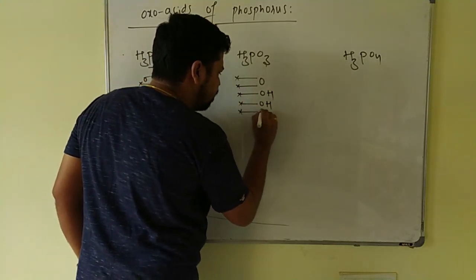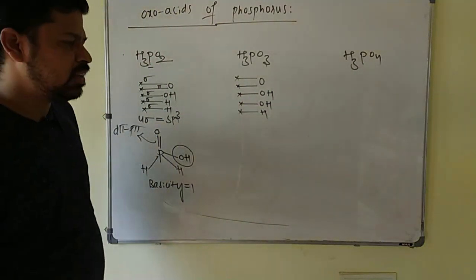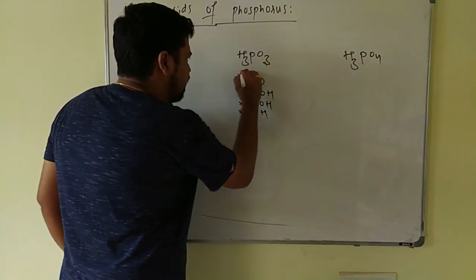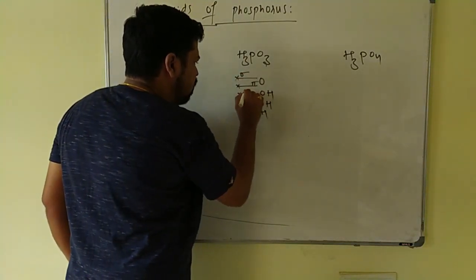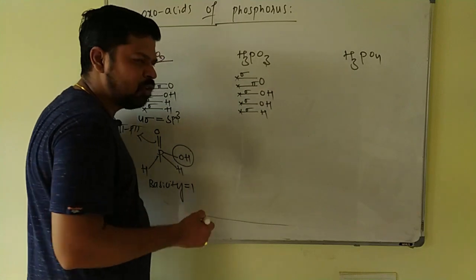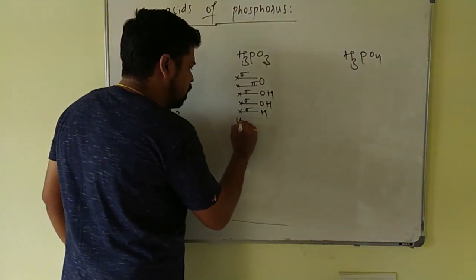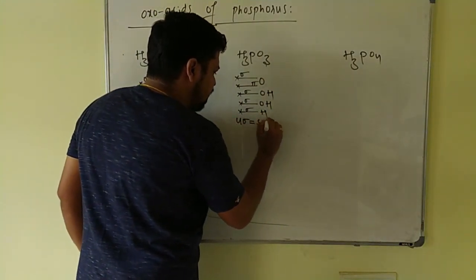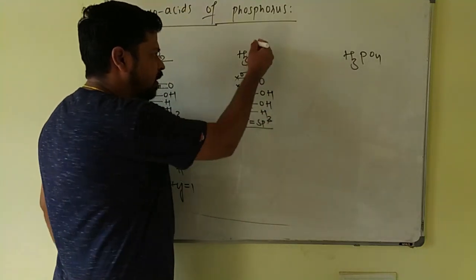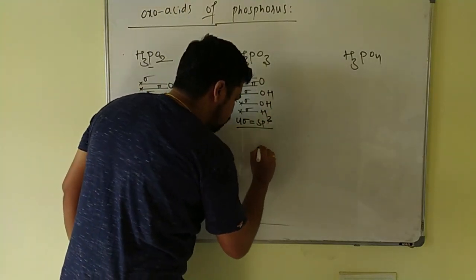Only 1 hydrogen is there, that will be written as directly connected to the phosphorus. Now you will see here, again this will be one sigma bond, one pi bond, sigma, sigma, sigma. It is having 4 sigma bonds. Again it is sp3 hybrid. We can write the tetrahedral structure of this oxo acid.